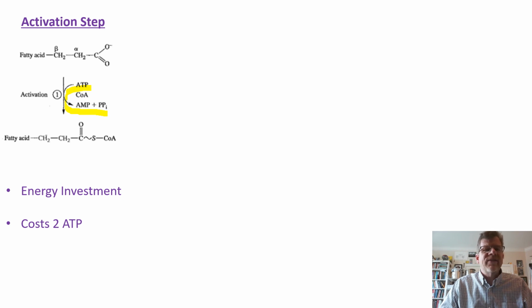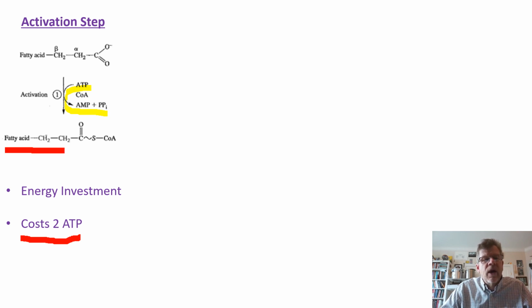So that one step, ATP to AMP, that's adenosine monophosphate, costs the net equivalent, since 2 phosphates are lost, of 2 ATP. That's why they call it 2 ATP when it looks like just one step. It's actually 2 phosphates net being released from ATP to become AMP. All that aside, that is our activation step, that is our energy investment, and it costs the equivalent of 2 ATP. And now we have our template and we're ready to start.